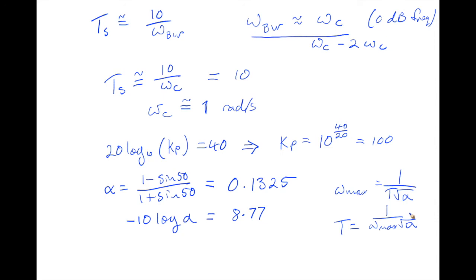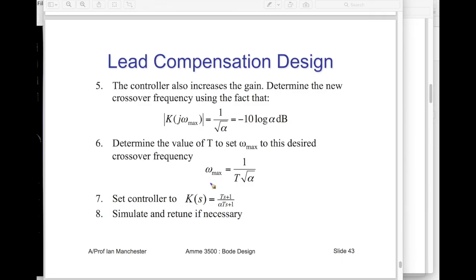For this particular system, with this value of alpha and omega max equals 1.5 radians per second, I get a value of T of 1.83. Okay, and so now we're basically done. Now our lead controller is TS plus 1 over alpha TS plus 1. We figured out alpha, we figured out T, and so that's it.